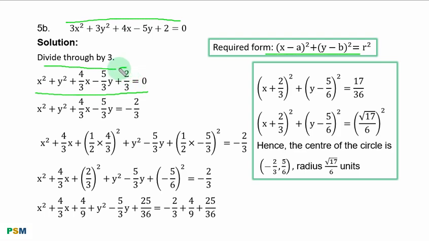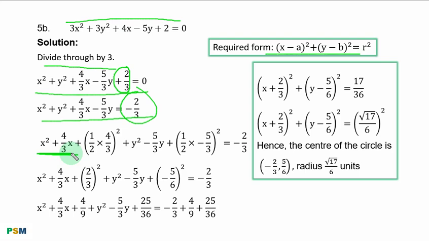Let's transfer the constant term to the right hand side. You have these results. We take the terms that contain x together. In order to factorize this term, you have to express it as a perfect square.